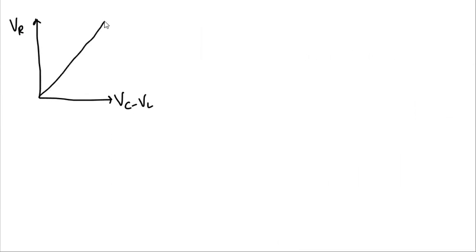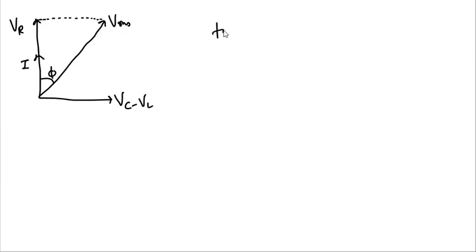Now let us draw our triangle again. This was VR, this was VC minus VL, and this was our net voltage VRMS, and this was our angle phi. Phi is the angle between current and voltage, and current will be in this direction only.